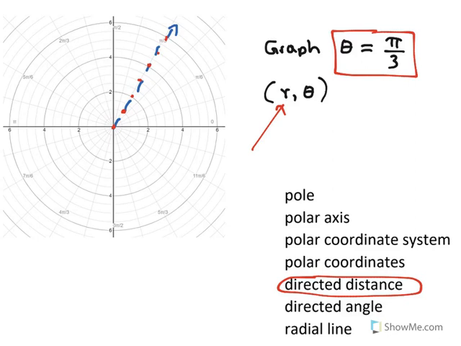And you can also have negative values for r, because r is the directed distance from the pole. So if you have r is negative 2, then you'll have this point here. If you have r is negative 4, you'll have this point. Because if r is negative, you're looking for points that are a certain number of units from the pole on the ray that is opposite the terminal side of the angle pi over 3.